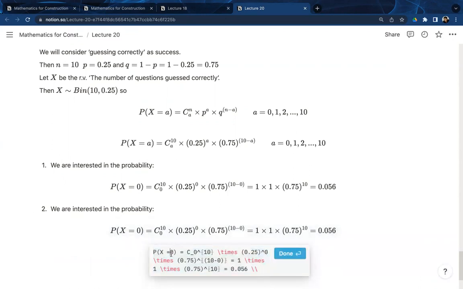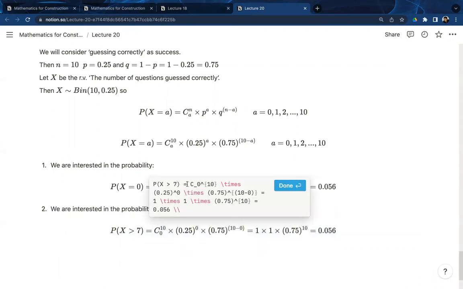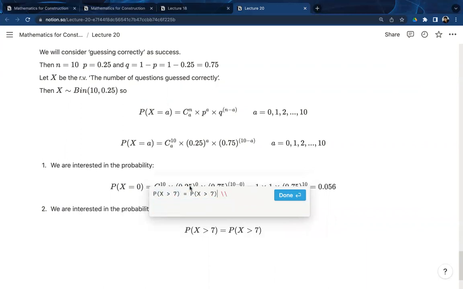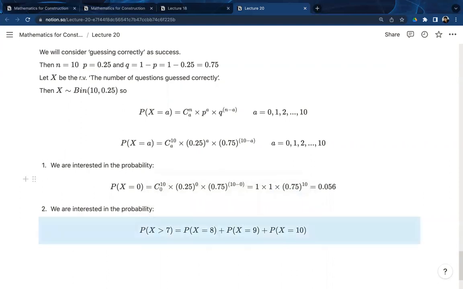So x is more than 7, right? Well, what possibilities could x have if it's more than 7? It could be 8. It could be 9. It could be 10. Because x could go up to 10.